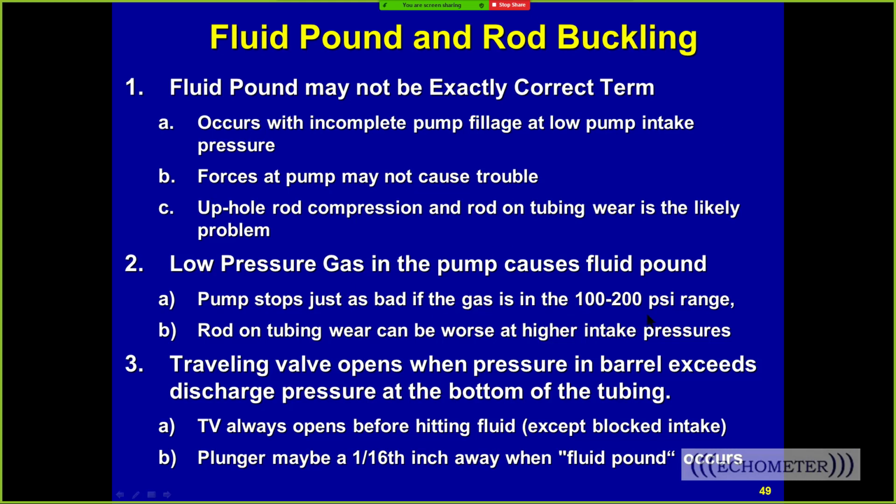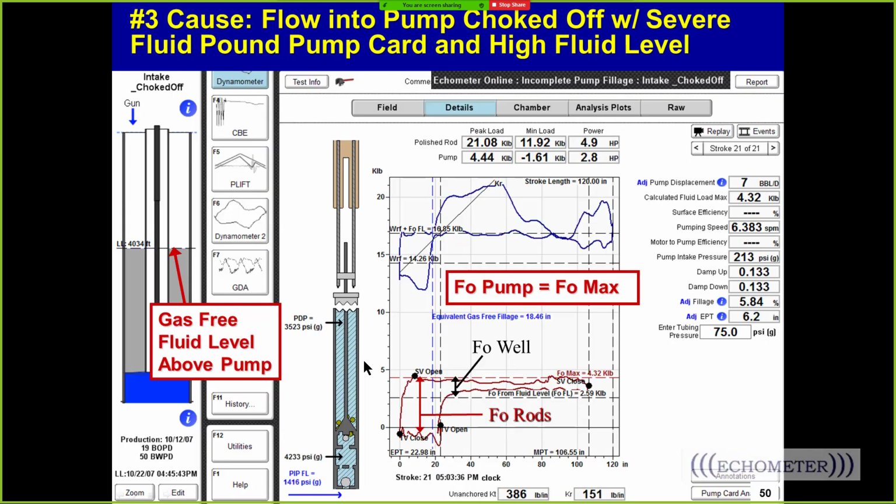This occurs when you have low pressure, free gas in the pump. Even if the plunger is only a 1/16 of an inch away from the liquid, it still slows down to open the trailing valve and doesn't pound into the fluid if there's free gas in the pump.